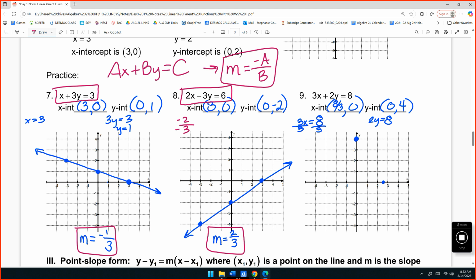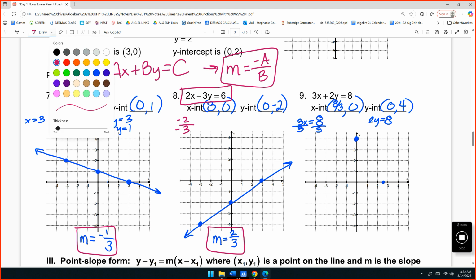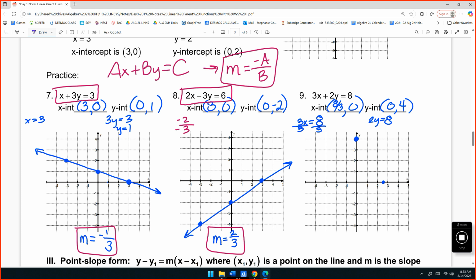So that's a way to get the slope from standard form without having to convert the whole thing. Okay, so why do I bring that up for number 9? Well, because I got a good y-intercept, let's figure out the slope. If the slope is opposite a over b, in this problem, that would be opposite 3, or negative 3, over 2. And if I know that, then I can count that slope from my y-intercept.